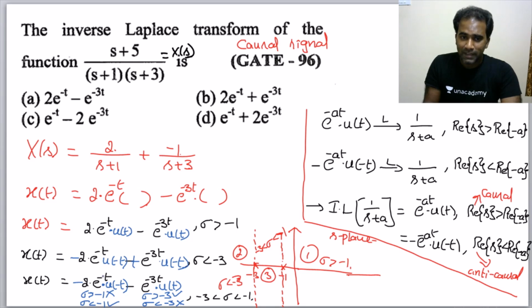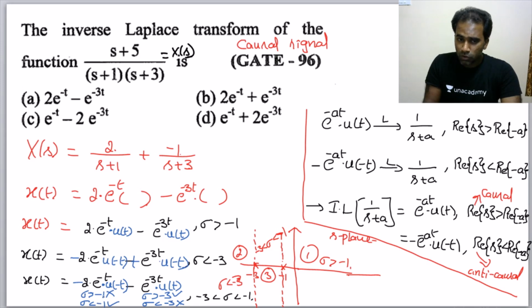So for the -1 pole and -3 pole, based on the final ROC, we're trying to figure out what ROC corresponds to the -1 pole and what ROC corresponds to the -3 pole. So just write the two ROCs possible for each pole, and then tick the one that is responsible for the final ROC.